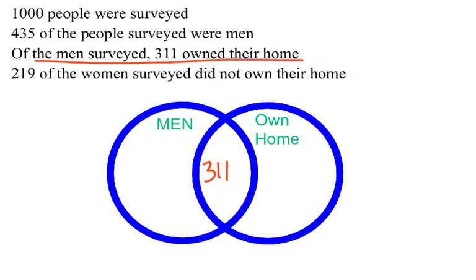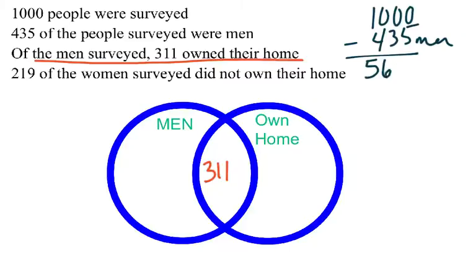And then we can find out a couple pieces of information. Well, there's 1,000 people. If we subtract 435 men, we're going to get 565 women. And that tells us how many is going to add up outside of our circle.